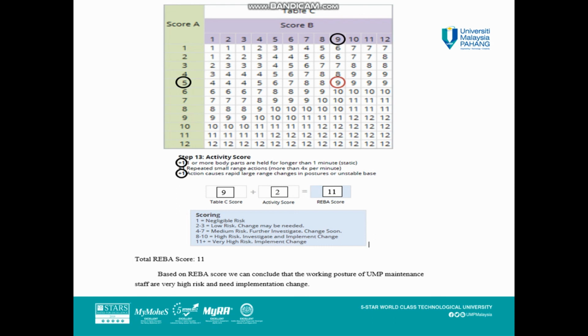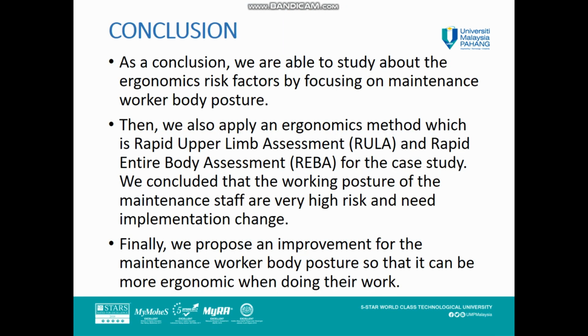Based on the REBA score, we can conclude that the working posture of UMP maintenance staff is very high risk and needs implementation change. As a conclusion, we are able to study the ergonomic risk factor by focusing on maintenance worker body posture.